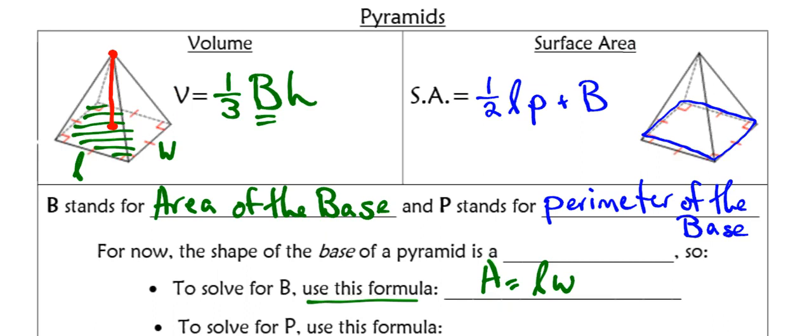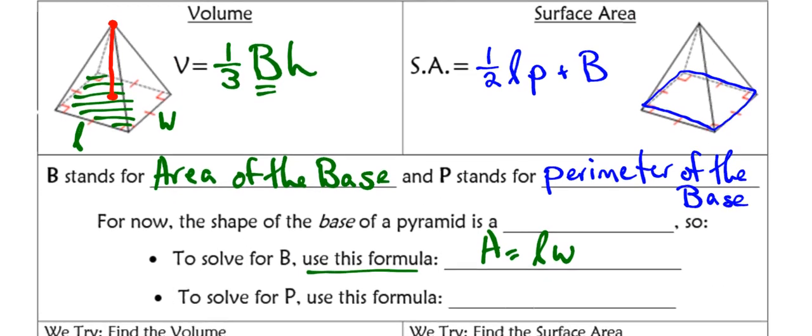Again, sometimes it could change, so I kind of want to be general about this. But here, we're just dealing with a square. So the perimeter of a square is 4 times one of the sides, because they're all the same. So for right now, we're just dealing with a square as the base of our pyramid. Again, the L goes down the slope of the pyramid from the peak, down the slanty side of that triangle.